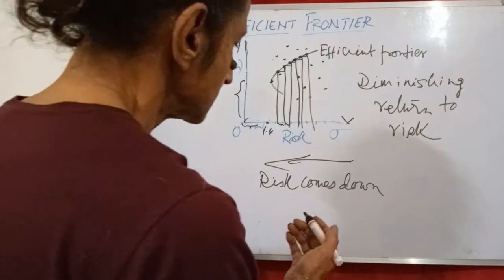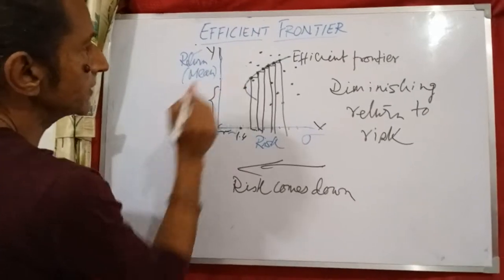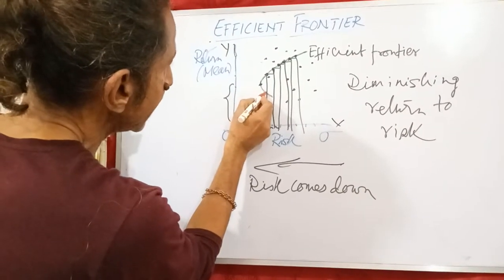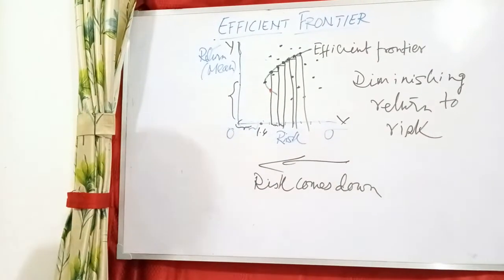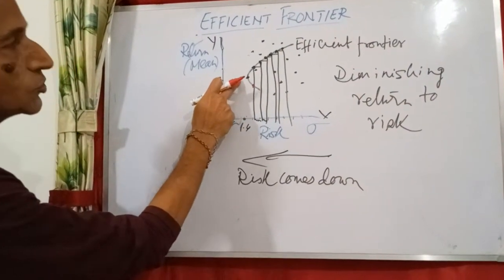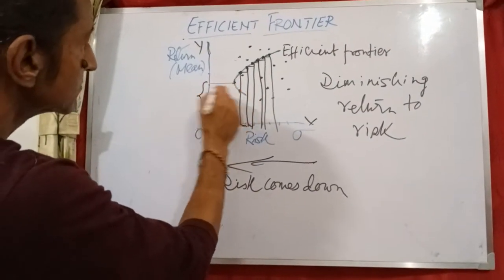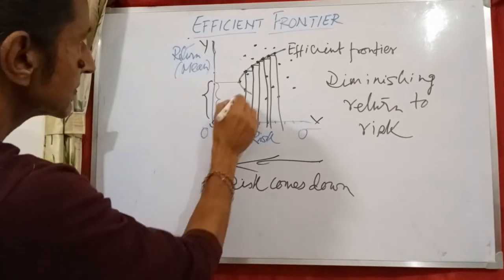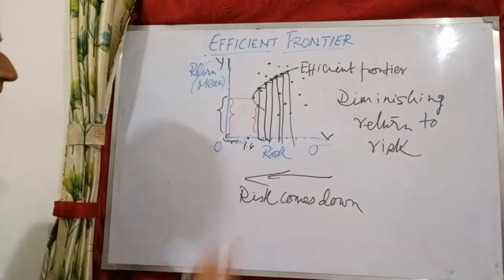Now you see, no investor would come below this point. Why? Take this point. From this portfolio to this portfolio, return is falling.